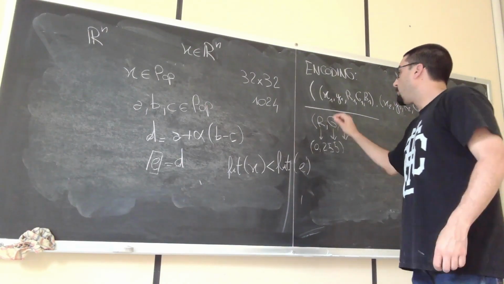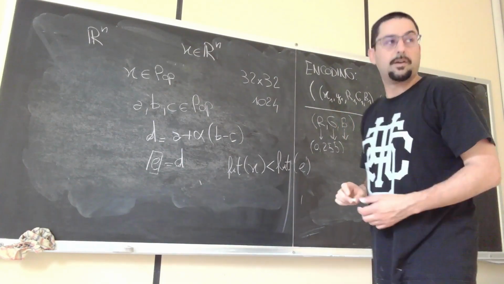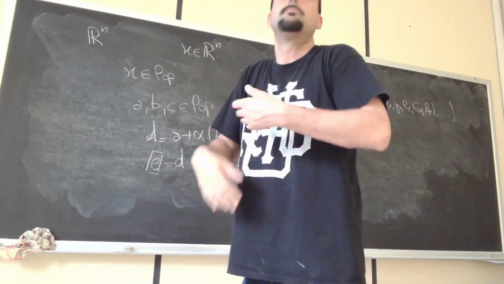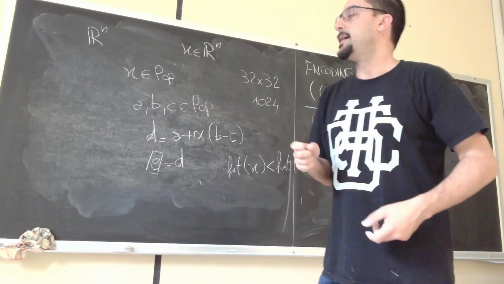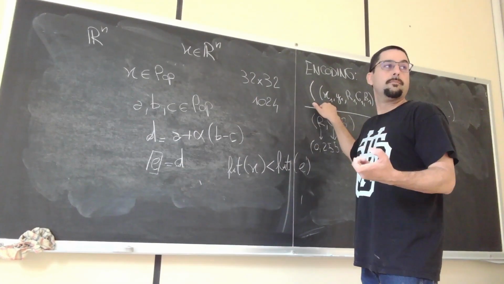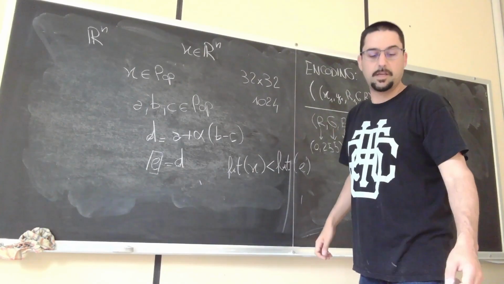And with this, we apply differential evolution, and then we try to optimize the fitness function that is measuring how good this particular perturbation is in fooling the classification of the neural network.